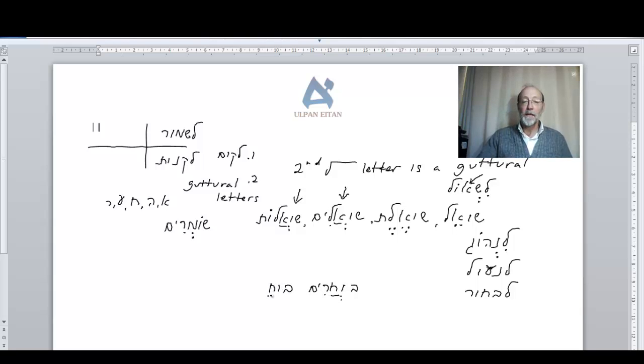But in fact, it's the nature of the chet that even if we don't play it up, we can hear it. So therefore, bochrim and bochrot are both considered perfect Hebrew.